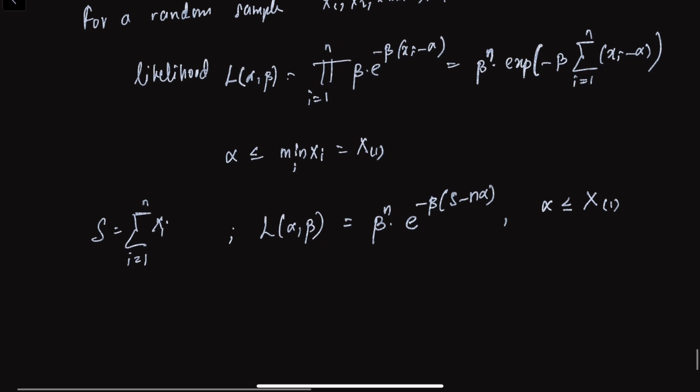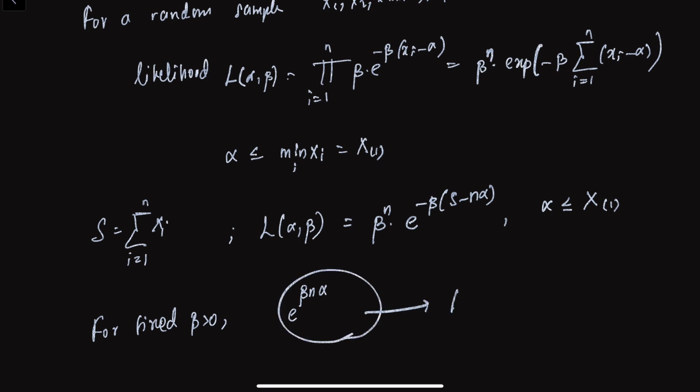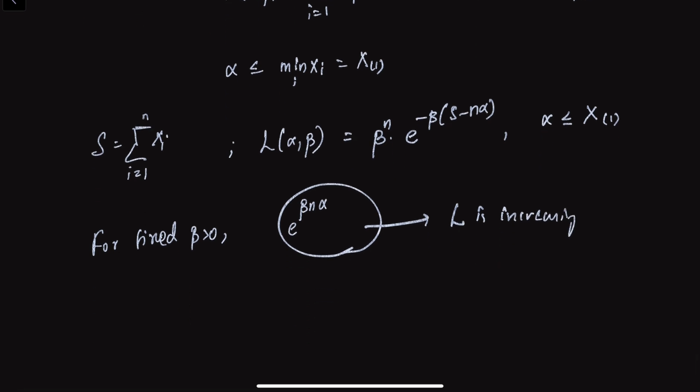Now if we maximize with respect to alpha, for fixed beta greater than 0, by looking at e to the power of beta n alpha, it shows that L is increasing on that range. Therefore this likelihood is maximized at the largest possible value of alpha. So alpha hat MLE is the sample minimum.